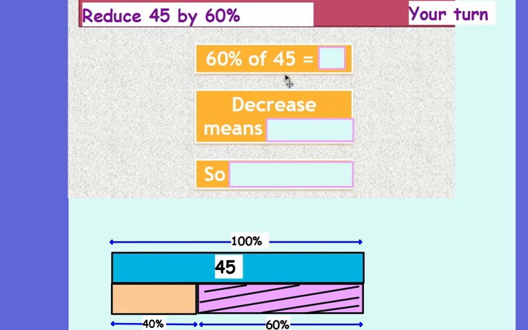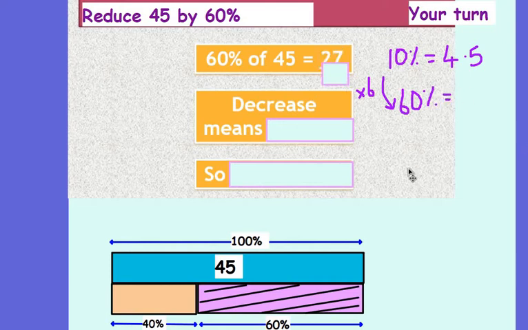Right, let's talk it through. I could work out what 10% of 45 was by dividing it by 10, which would give me 4.5. I could then multiply that by 6 to work out what 60% would be, which would give me 27.